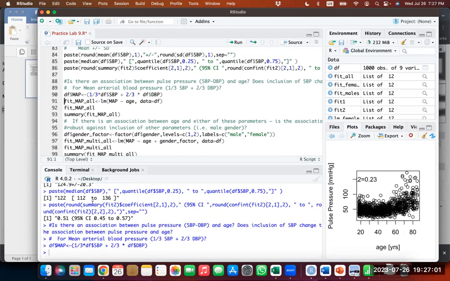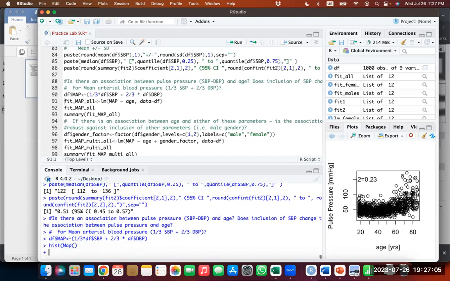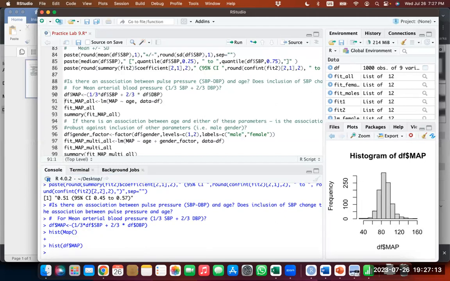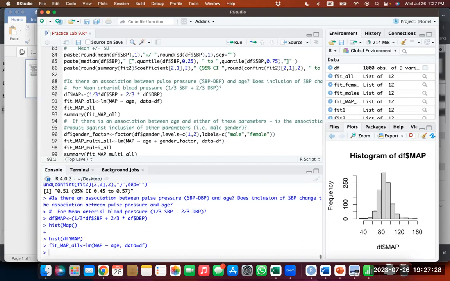And then you can hypothetically do now a histogram and look at how the MAP looks. Here's DF$MAP. So that's how the MAP distributes. Of note, this is really a nice normal distribution. You can now utilize MAP to look into the association between MAP and age.